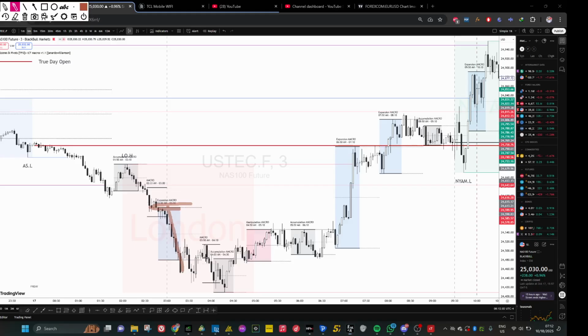After running these lows, we get this entry inside the macro, and you don't necessarily have to take the entry inside the macro. You just need to wait for the correct liquidity to be run. So we had already run the previous daily low, which should have been right around here. And depending on your entry criteria, this would have been a beautiful entry for me right here inside the macro.